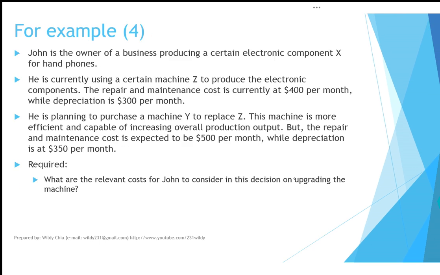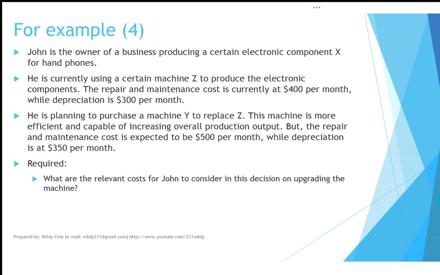Let's look at one more example, example 4. Example 4 is a slightly different decision making. It's no longer about buying and selling or fulfilling certain special orders. It says here that John again produces a certain component X. Right now he uses a certain machine Z to produce these electronic components.